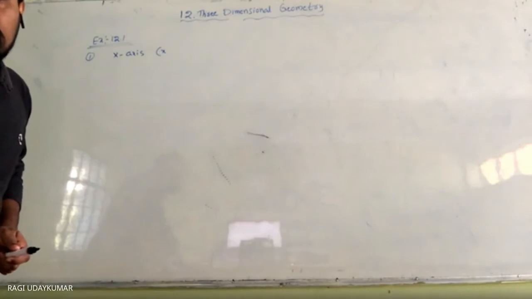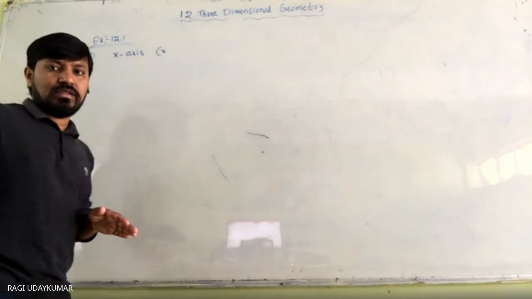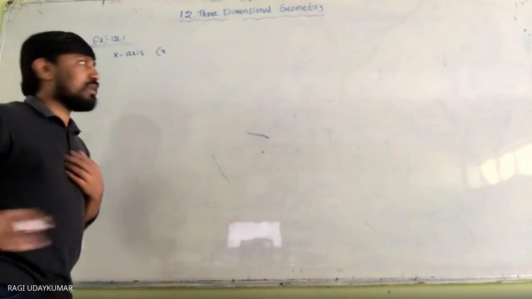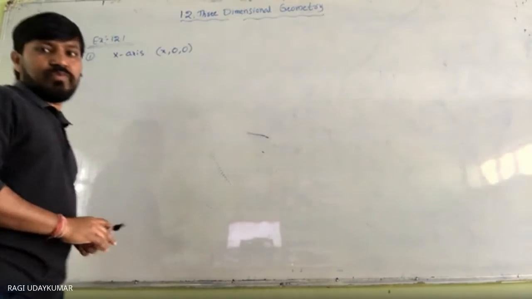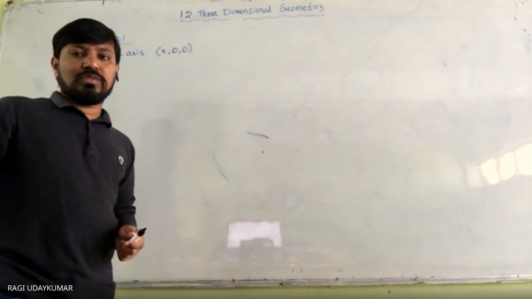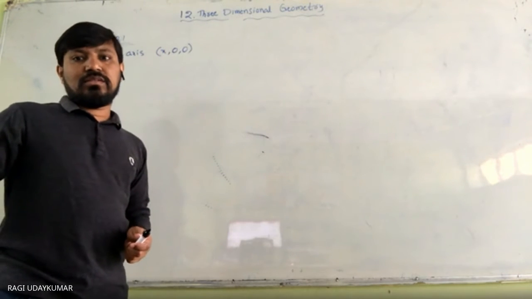Any point on the x-axis is in the form x comma 0 comma 0.